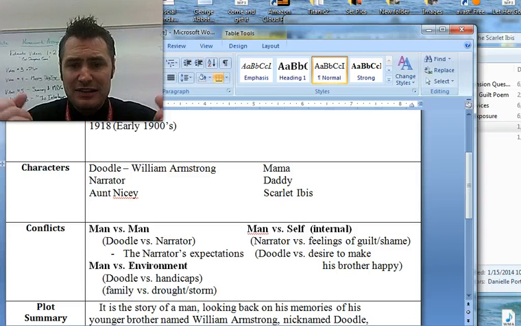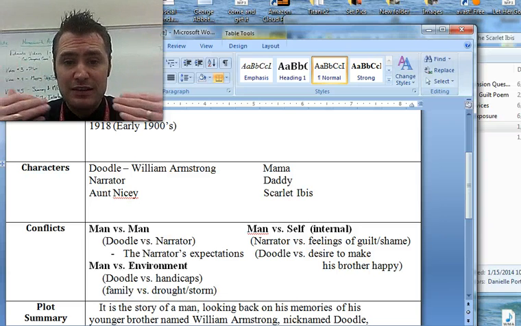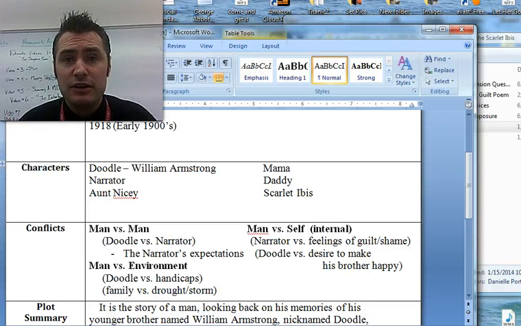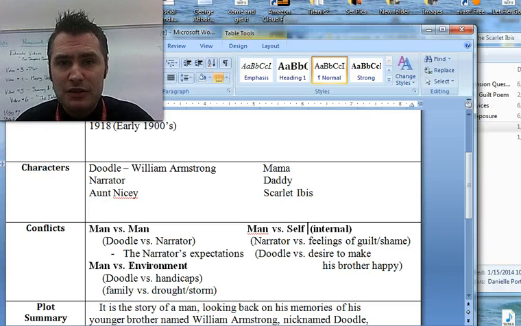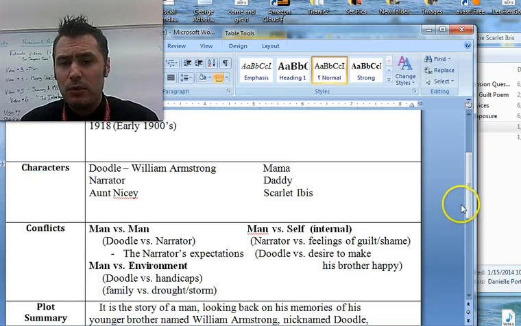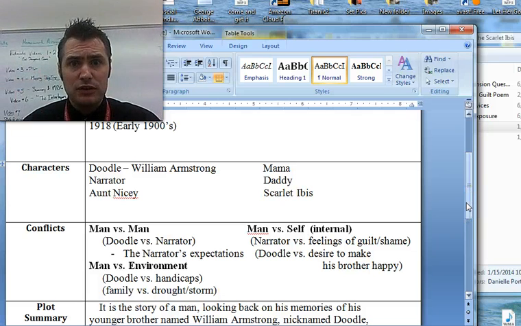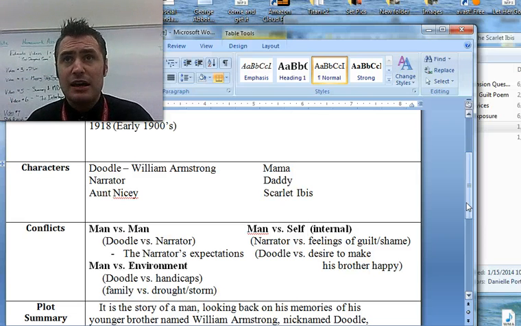That's where inside, Doodle has a desire to please his brother. That's an internal conflict. Narrator versus his feelings of guilt and shame, right? He's retelling the story, and that's an internal conflict. He starts to cry at the one point in the story when his brother starts to walk and shows Mama and Daddy that he's walking.